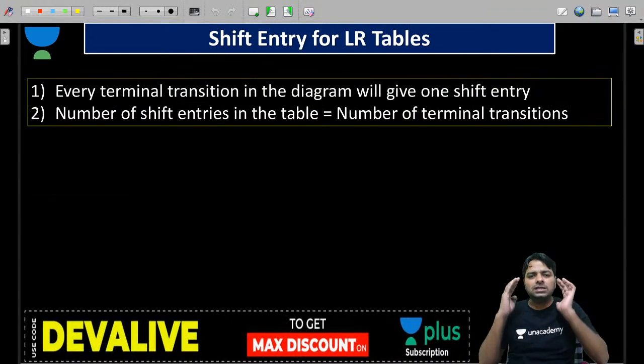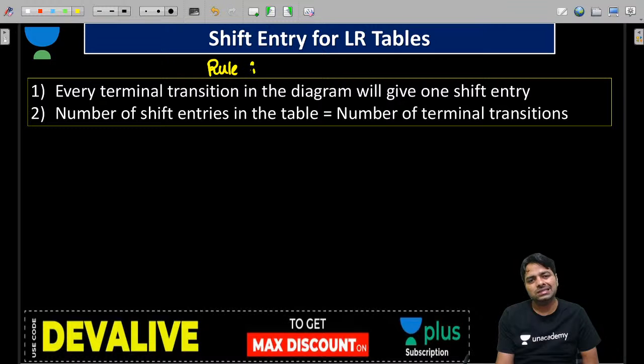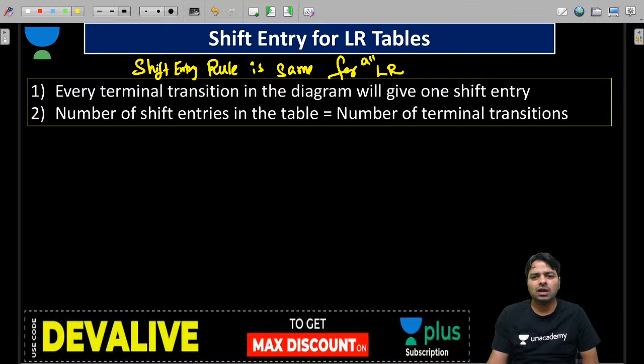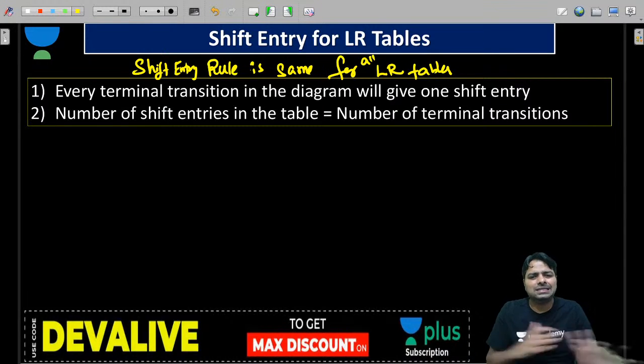Guys, first, what is the shift entry of any LR table? The rule is the same for all parsers. Shift entry rule is the same for every LR parser, for all LR tables, like LR0, SLR1, LALR1, CLR1, doesn't matter which parser you are following. The rule is the same, but the number of entries may differ, depending on your diagram.